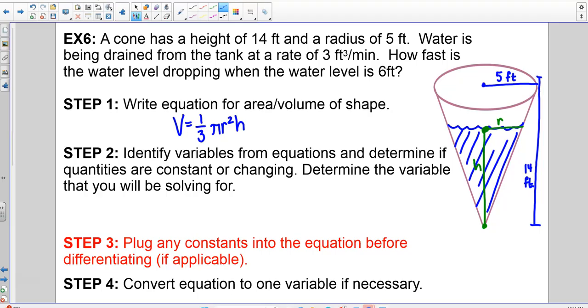Yeah, the pyramid and the cone have the same volume formula because it takes 3 of them to fill up a cylinder of the same height and radius, right? So I always love doing that because it would not be my guess.